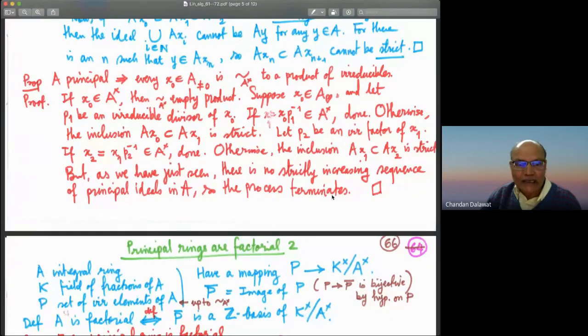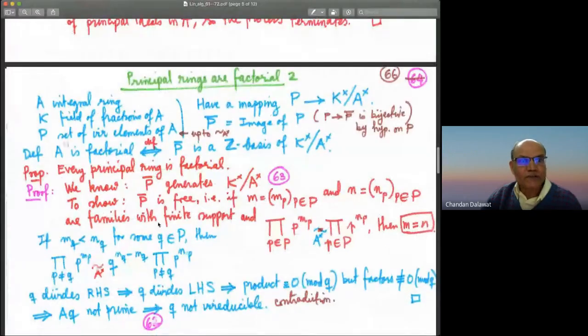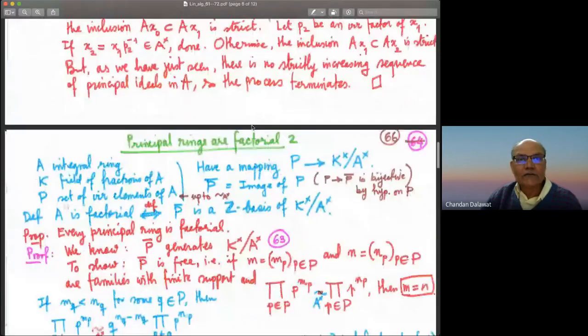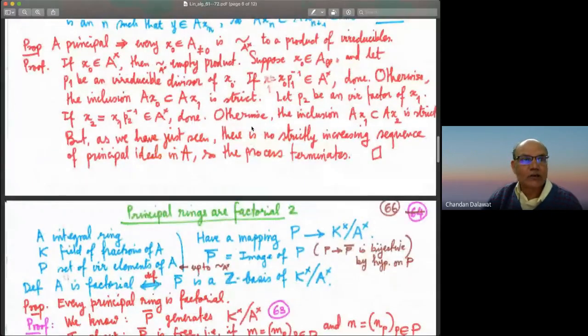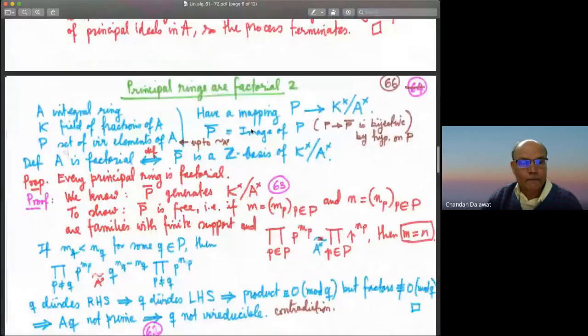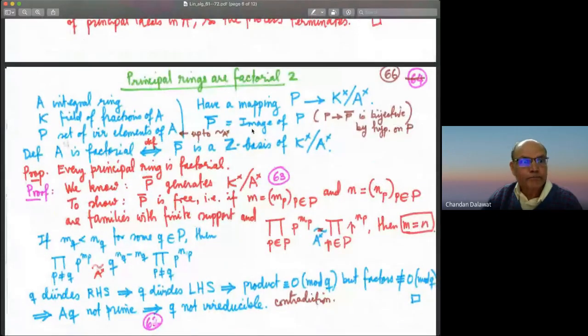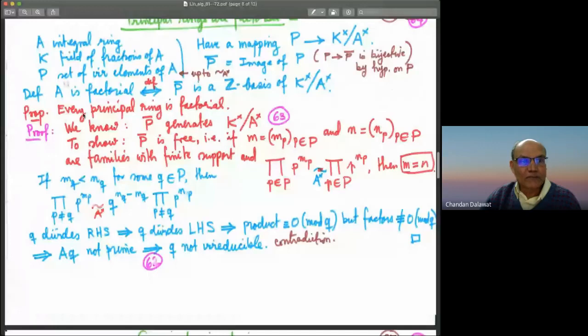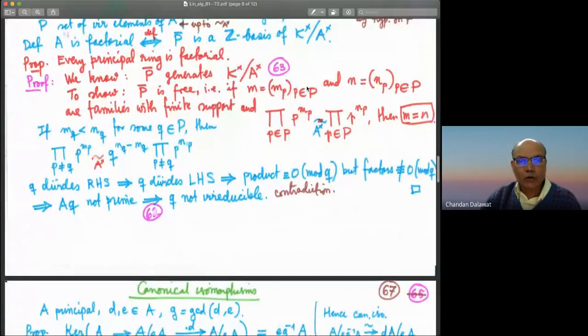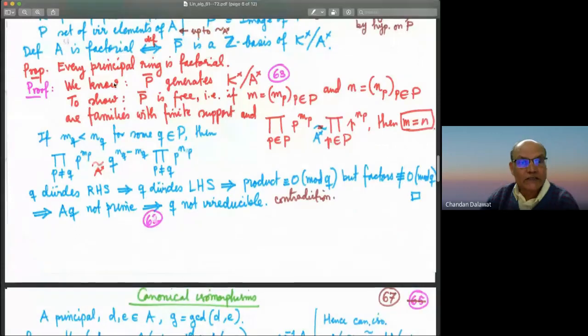Essentially one way is what happens in a principal ring or in rings which are factorial in general. That's the definition of factorial ring. And the proposition is that every principal ring is factorial. Okay, so let's prove this.